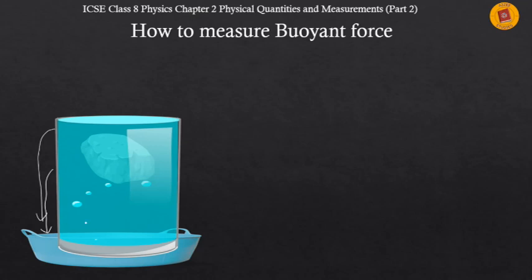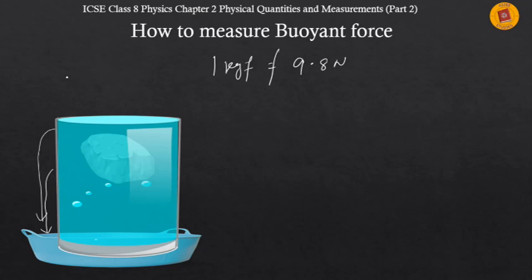If we measure the weight of this water, again I am telling, we measure the weight, not the mass, the water that has spilled out, for example, is 1 kg force or 9.8 Newton, whatever.